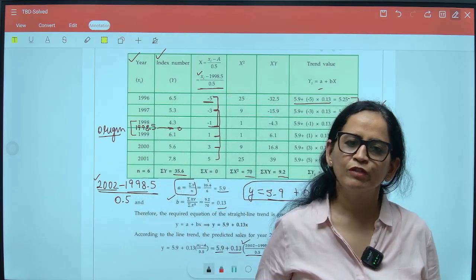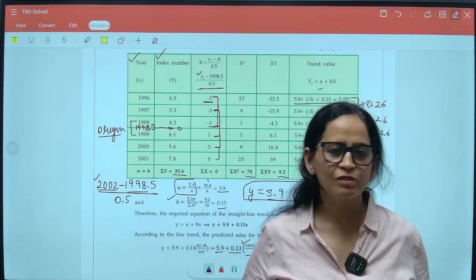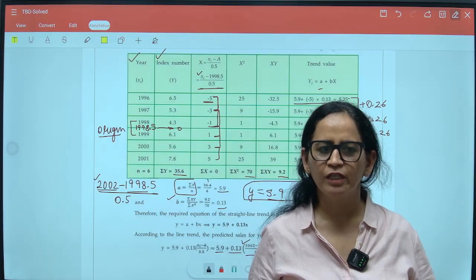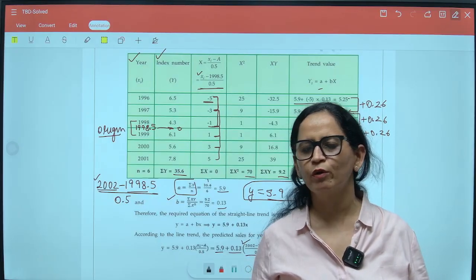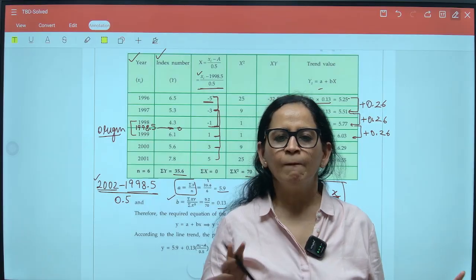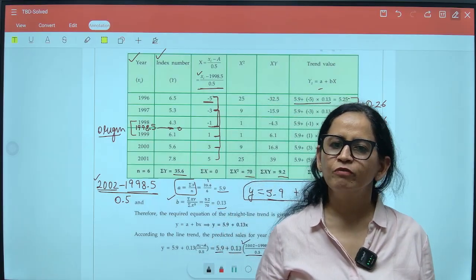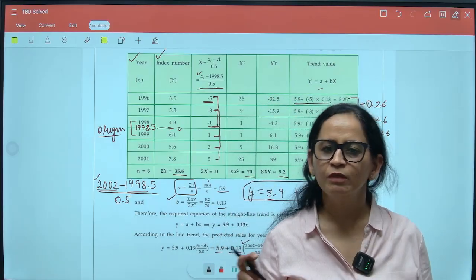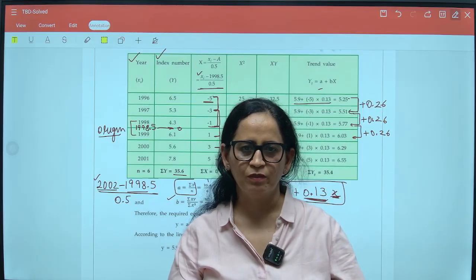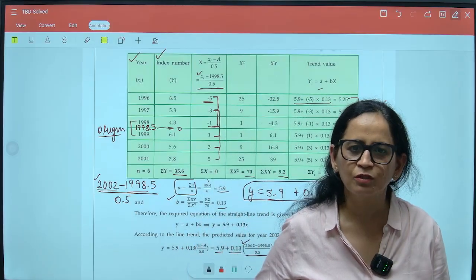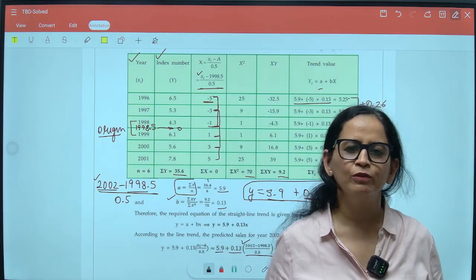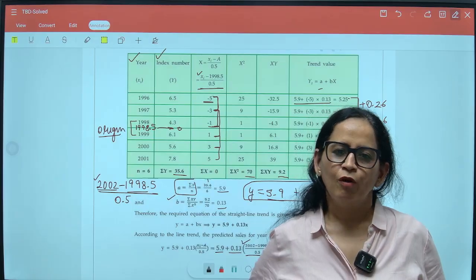So whichever method you are comfortable with, because there is always a choice for a question on time-based data: either you attempt moving averages or least squares. The preference should be given to wherever you are given an odd number for moving averages or an odd duration for least squares. So I hope you understood the two methods and the calculation techniques, and how you can make them easier. All the best.